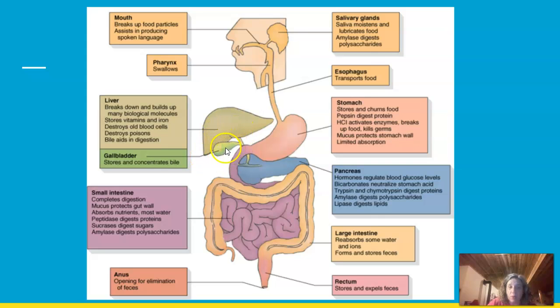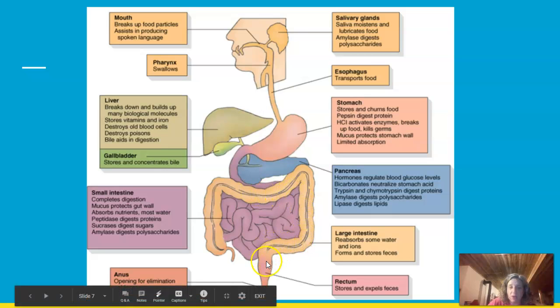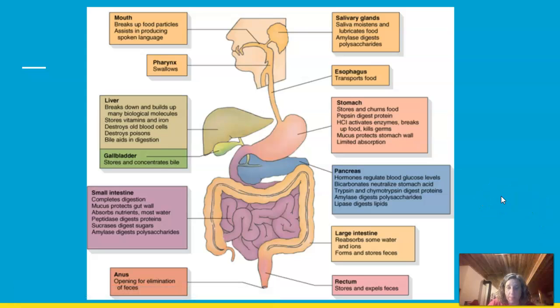You have the gallbladder, which also stores and concentrates bile. From the stomach, it goes into the small intestine, which is here in the purple, and then into the large intestine, and it comes down to the rectum, and then you have the anus down below where you expel the feces.